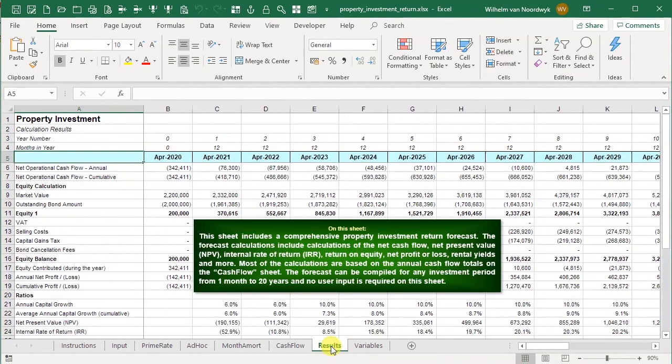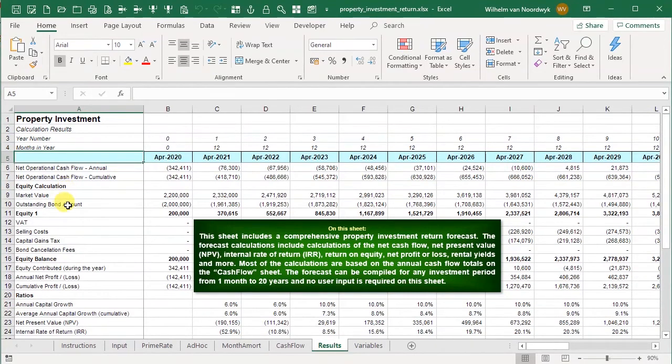The next sheet is the result sheet, and on this sheet all the calculations are analyzed, and we have a few calculation methodologies that are used to express the investment return. So we start with cash flow from the cash flow sheet.